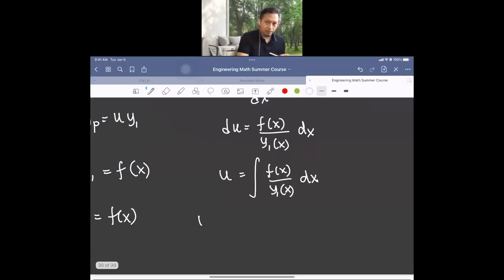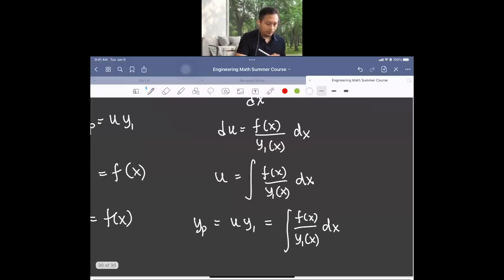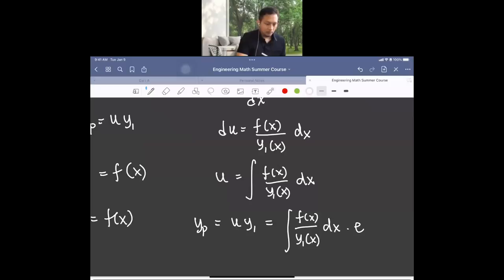So we will have yp equals u y1, where u is the integral of f(x) over y1(x) dx, and y1 is e to the power of... Let me put a bracket to make it clear that they are separate.